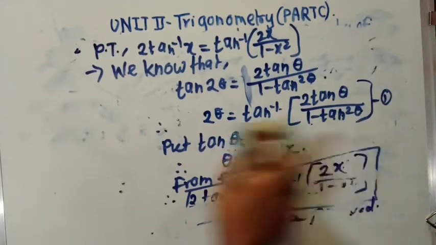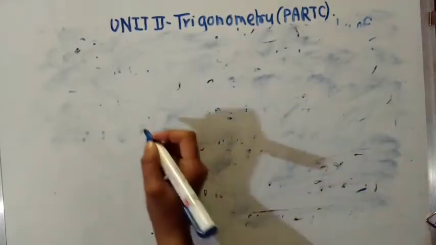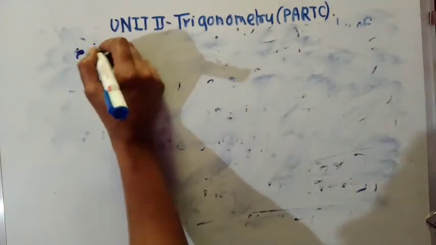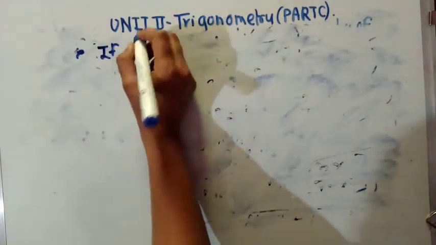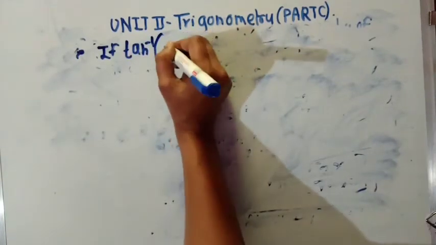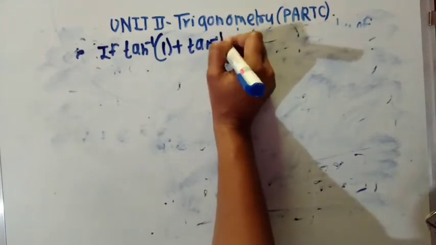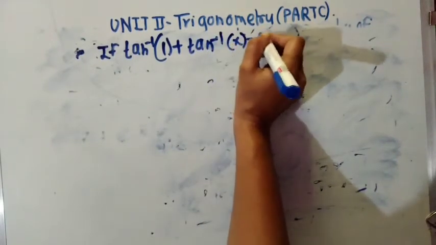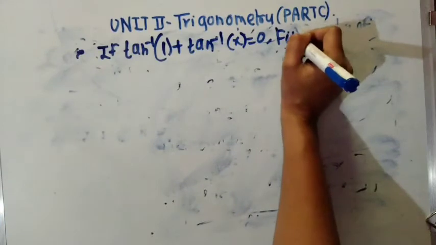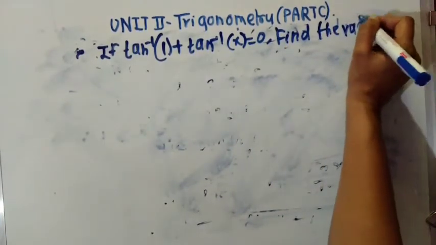Then we study the next example. If tan inverse of 1 plus tan inverse of x is equal to 0, then find the value of x.